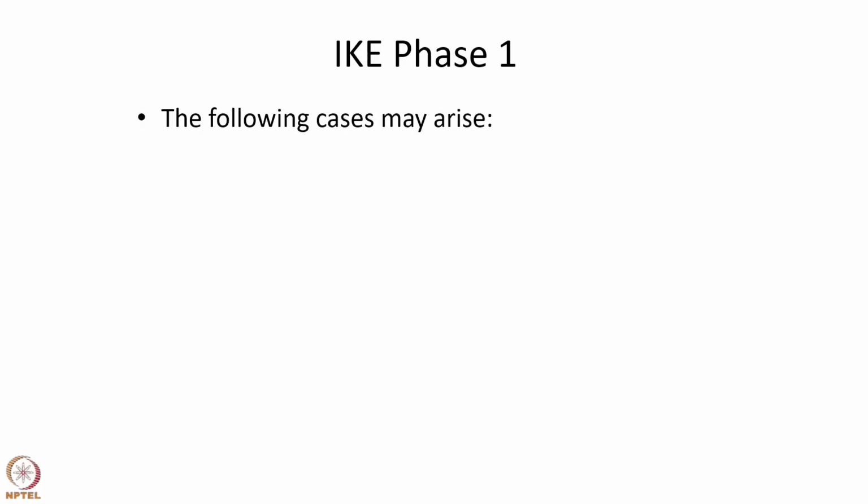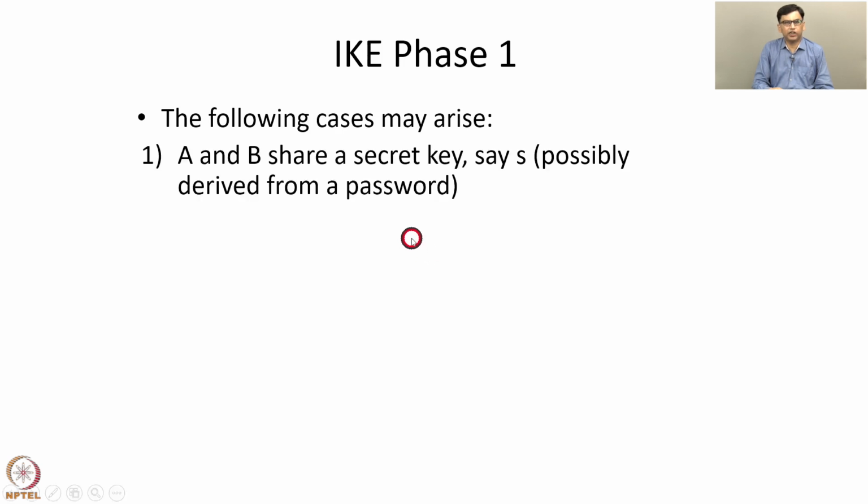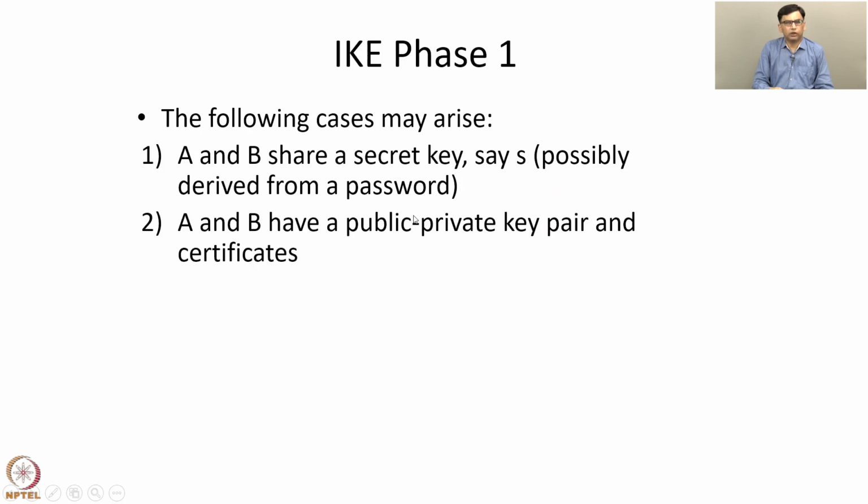So we now discuss the IKEY protocol itself, which incorporates the use of cookies. In phase 1, the following cases may arise. In the first case, A and B share a secret key, let's call it S, which is possibly derived from some password. Or the other possible case is that A and B have a public-private key pair and certificates.